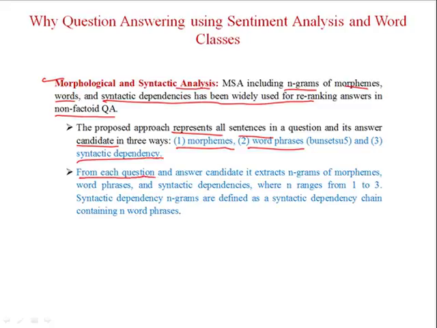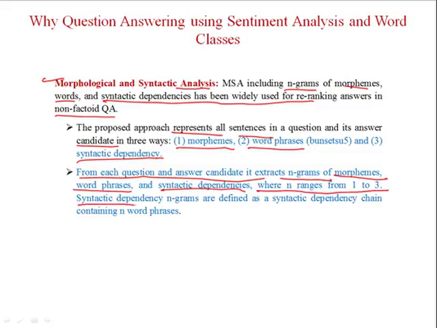From each question and answer candidate, it extracts n-grams of morphemes, word phrases, and syntactic dependencies, where n ranges from 1 to 3.